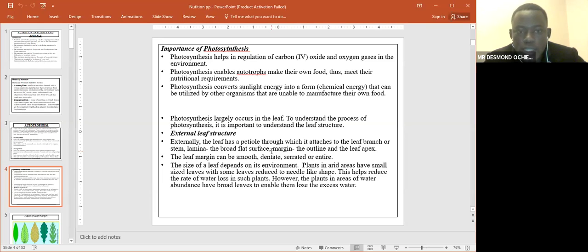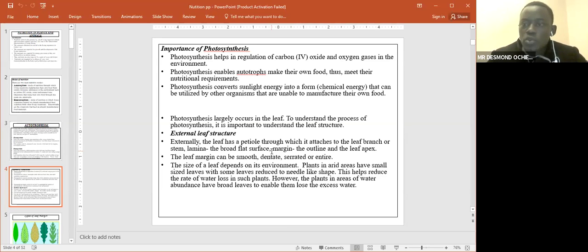So that is why we're saying that photosynthesis largely occurs in the leaves. And to understand the process of photosynthesis, it is important to understand the structure of the leaf.